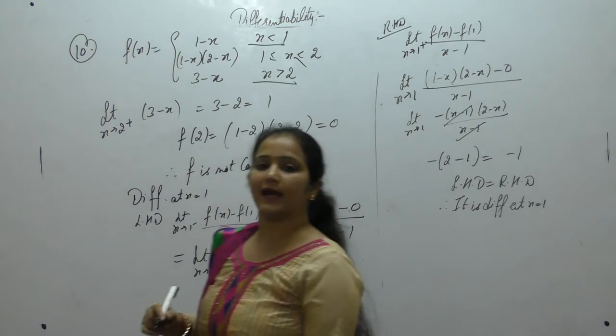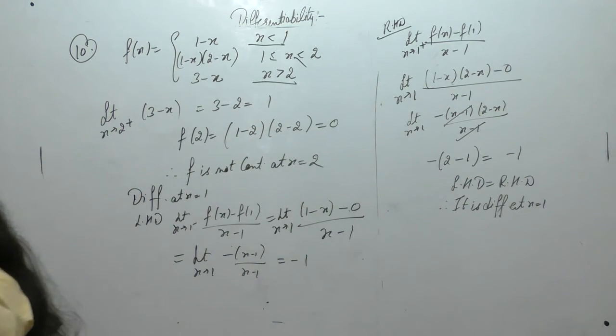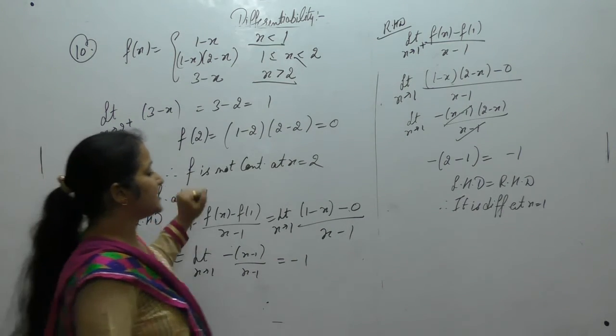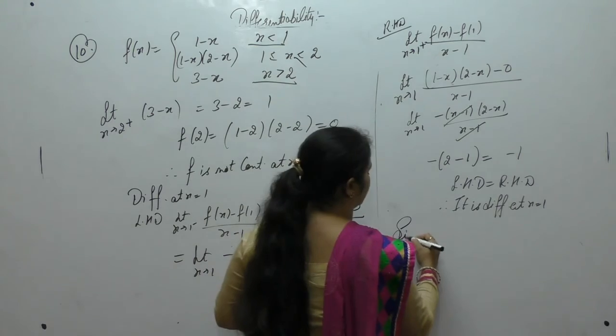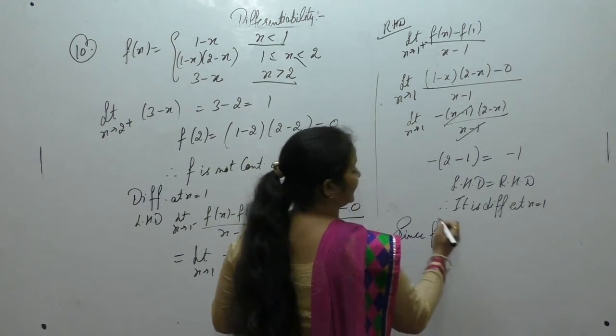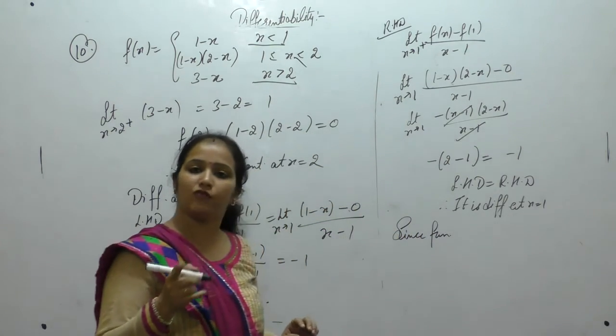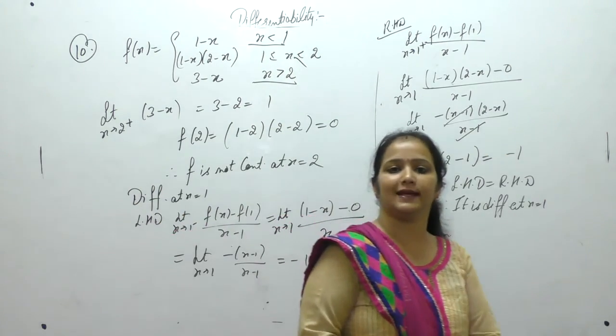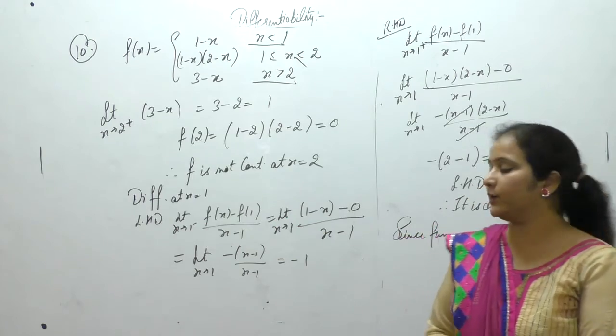जो फंक्शन है x is equal to 1 पे continuous भी है और differentiable भी है. Now since the function is not continuous, हमने क्या कहा था, जो differentiable function है वो continuous भी होगा, और अगर function continuous ही नहीं है तो वो differentiable भी नहीं होगा.